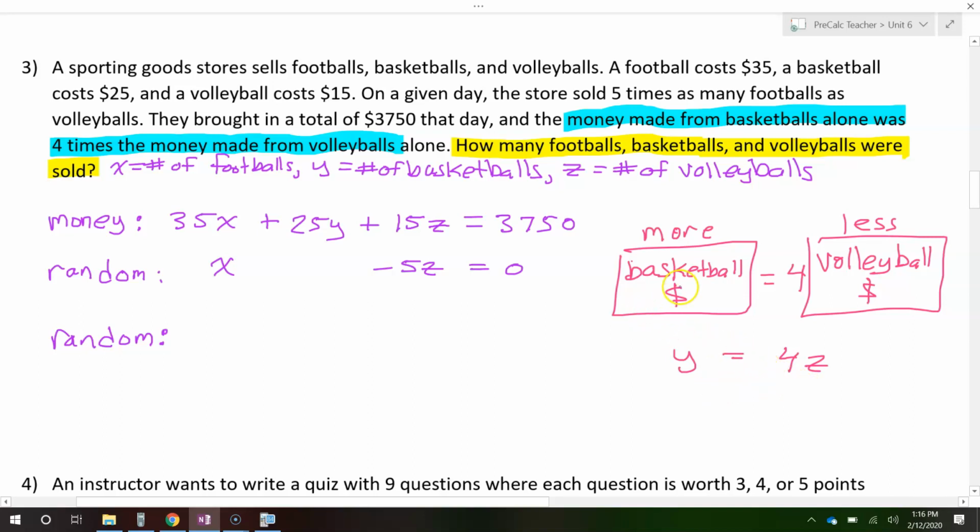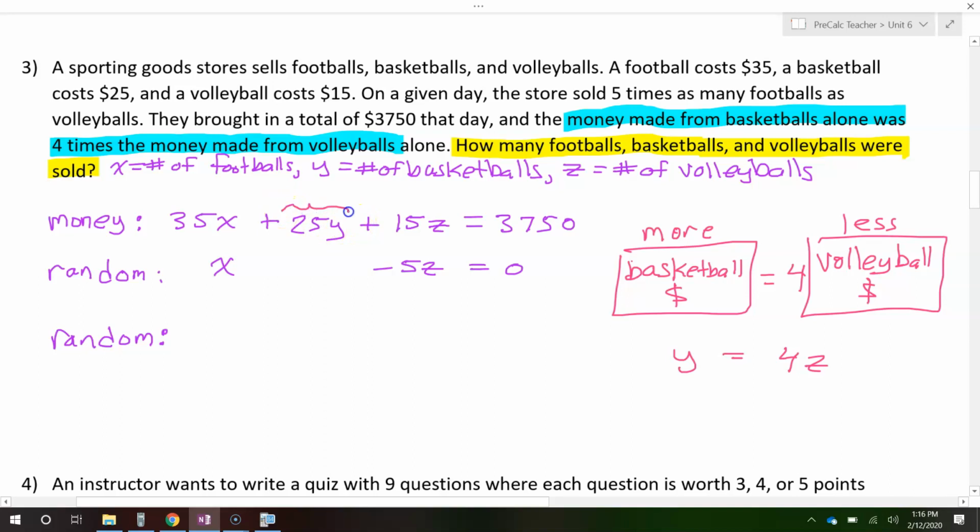We're talking about basketball money and volleyball money. And that's why Robert was correctly mentioning the number 25. See how we have the money equation? Let's look up here and remember what we said about each part.